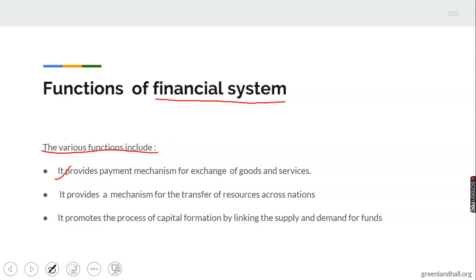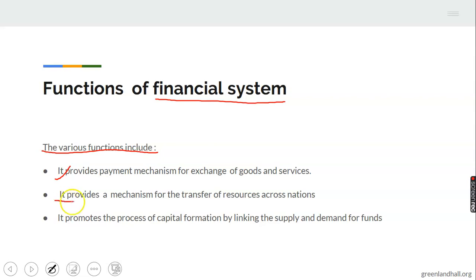That is, it puts in place an arrangement for making payment for goods and services that are actually bought and sold. So making payment for them is made possible by financial system.